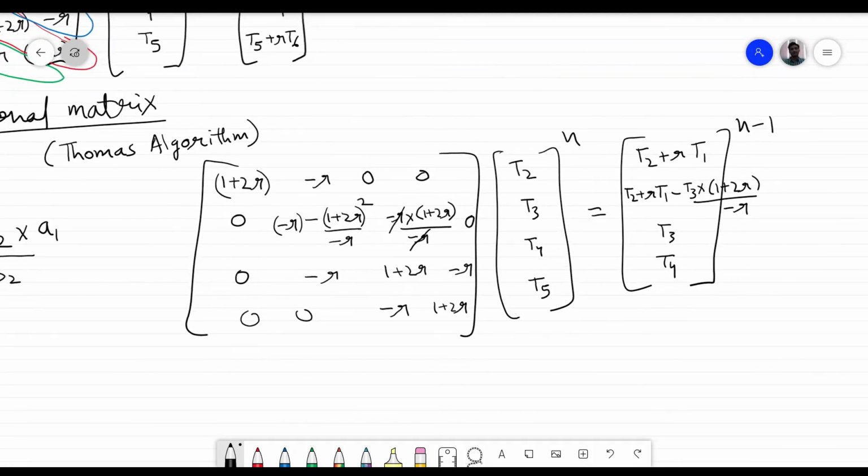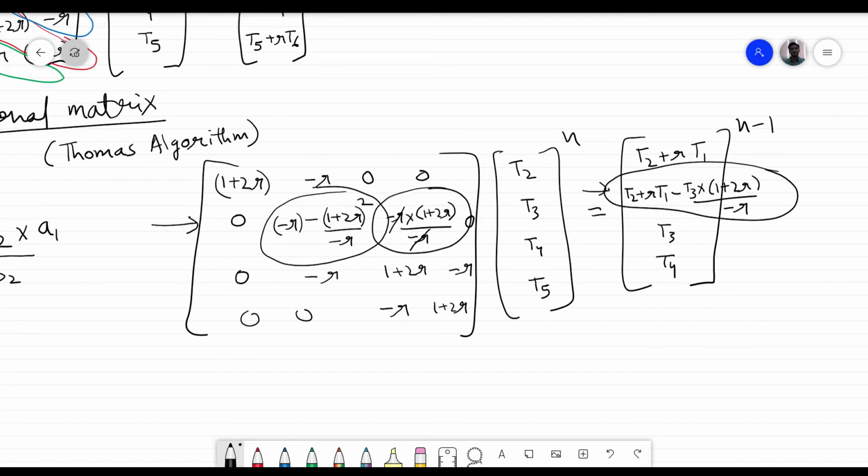Now after this matrix manipulation, you had to change just two things here, two rows basically. And in those two rows, first one was a tridiagonal matrix. So you had to change only two elements here and one element here. So three calculations were needed for this.